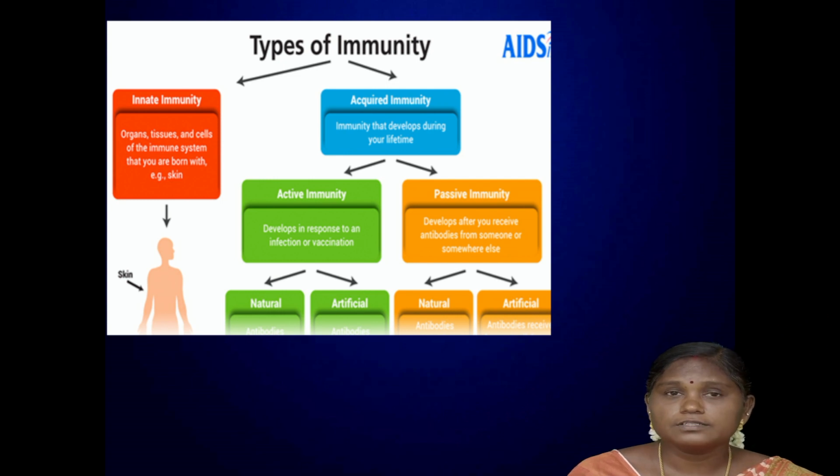If there is a defect in our immune system or a lack of immune power, it leads to diseases like AIDS, that is acquired immune deficiency syndrome. So we will get immune deficiency diseases. That's why the immune power is very important in our body.